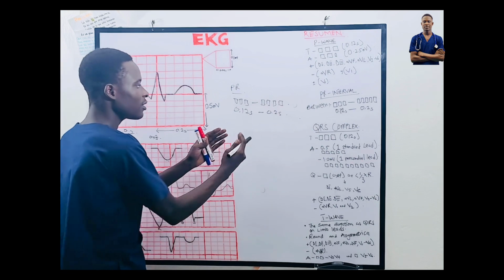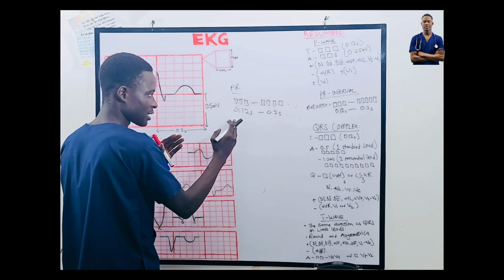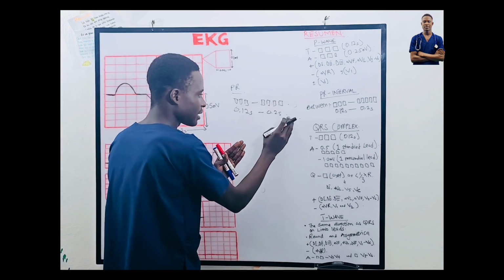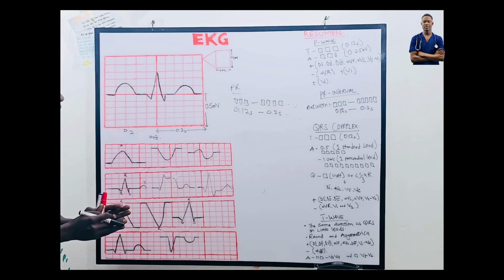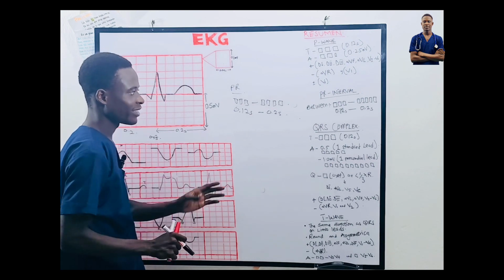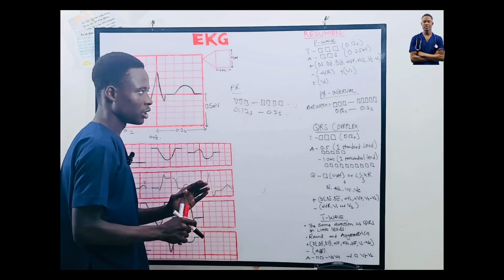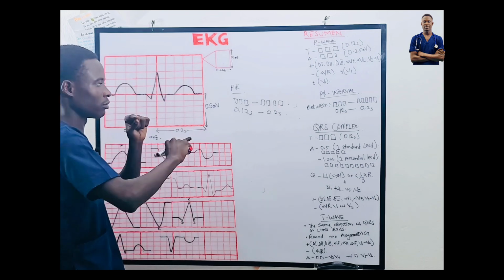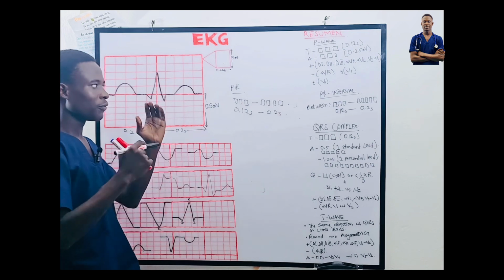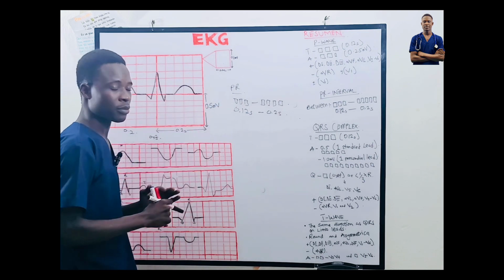If it is less than this, you must think of something else. If it is more than 0.2 seconds, you must think of something else. If you can't remember, it's supposed to be between 3 boxes and 5 boxes. So normally it's supposed to be 4.